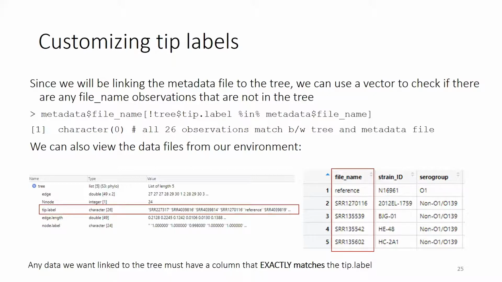It will take a vector as the input to the left, which is the tip label, and it will evaluate each element to see if there is a match in the vector that follows on the right, which is the metadata, and then we specified file name. So in this case, if we run that in the console, we got this output, which says there's 0 characters. And so for us, that means that all 26 observations in the tree match all 26 of our observations in the metadata file. So that's good.